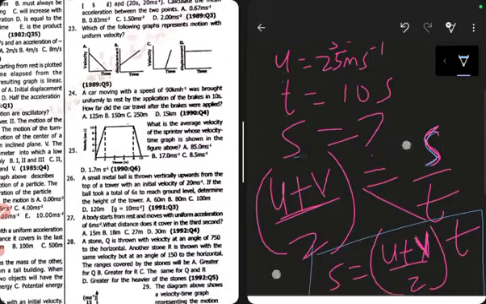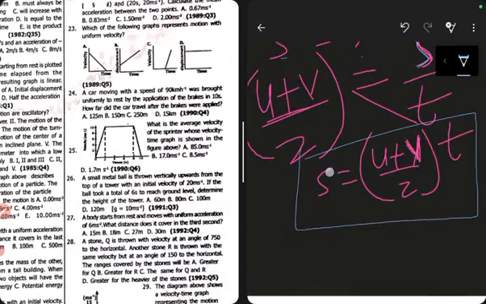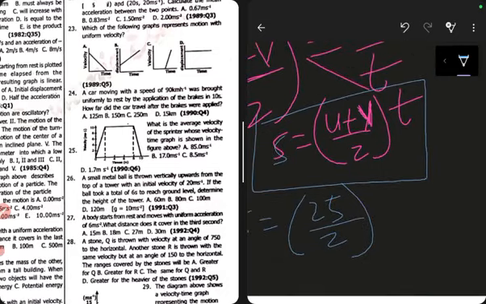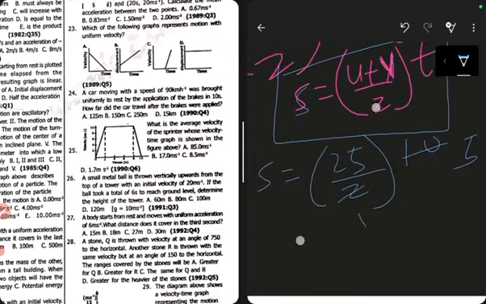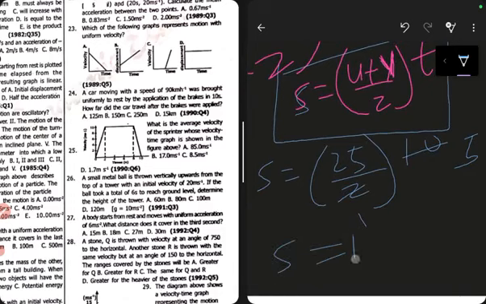So there's V. So how far is now given by U, which is 25, plus V. V is 0, so we leave it, times T. What is T? 10 seconds. So half of 25 times 10 is 5 times 25, which gives me 125. So the distance covered is 125 meters.